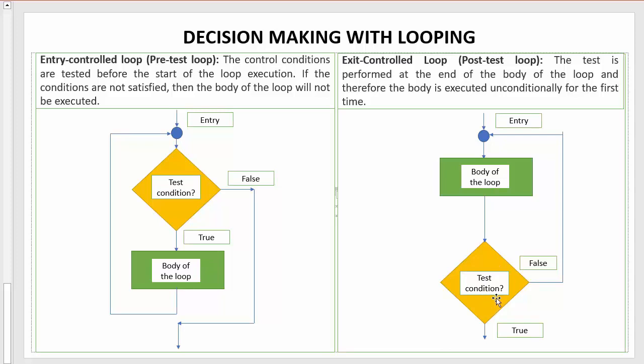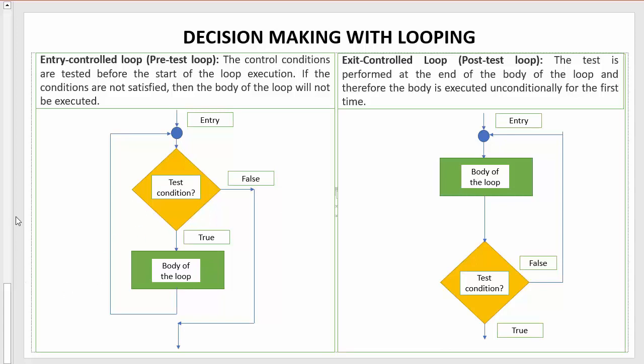If this condition becomes false, then control goes back to the entry part. So in this type of loop the condition gets evaluated later; before that, the body of the loop is executed. I hope both the entry control loop and exit control loop concepts are clear to you.